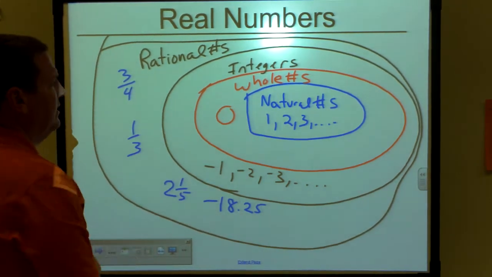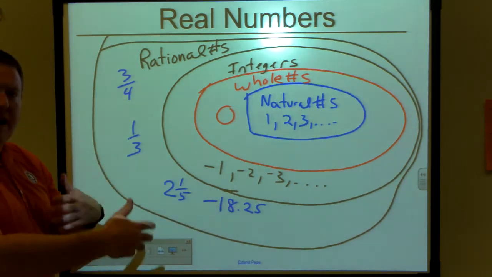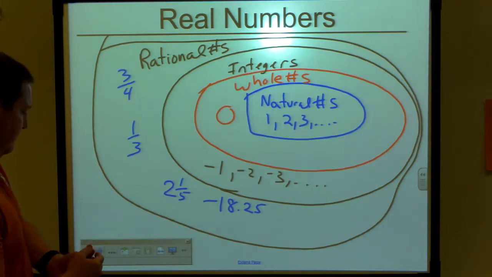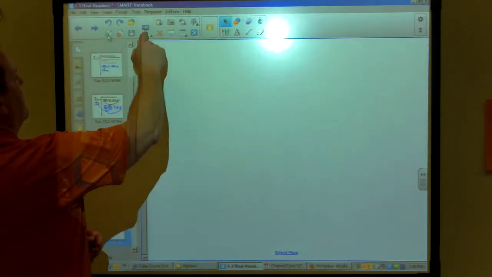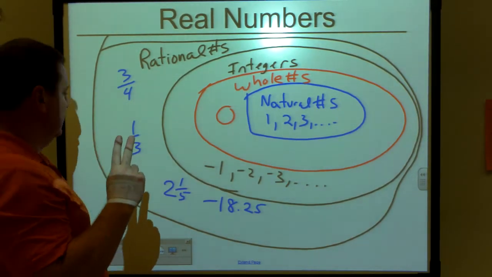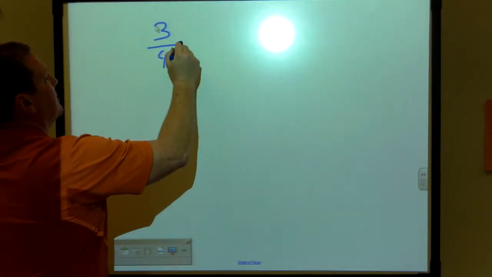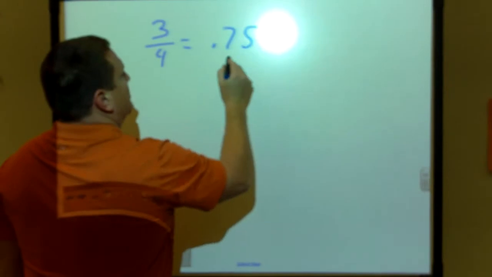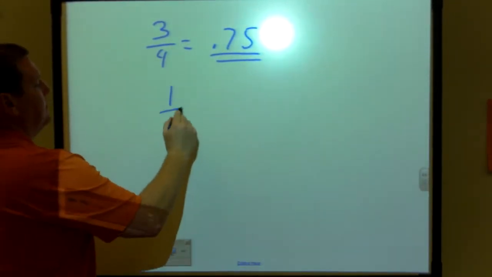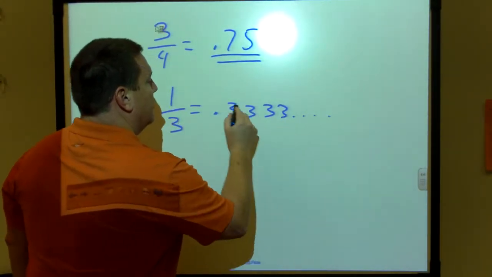And one of the easiest ways to tell if you're looking at a rational number is to take whatever number you have and divide it into its decimal form. In its decimal form, rational numbers will do one of two things. A rational number will either, when divided out, terminate, it'll stop going out in decimal form, or it will repeat.